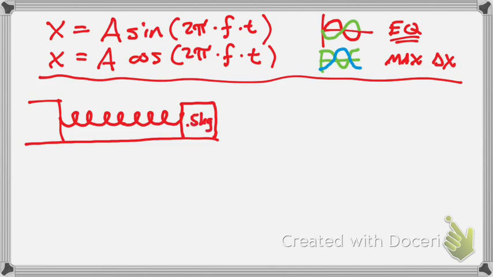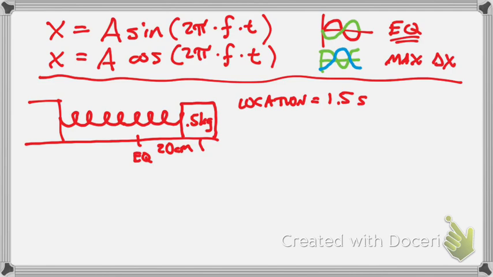And here is its equilibrium location. So it is now at a location that is 20 centimeters away from equilibrium. And we were trying to determine the location after 1.5 seconds. Where would it be located?